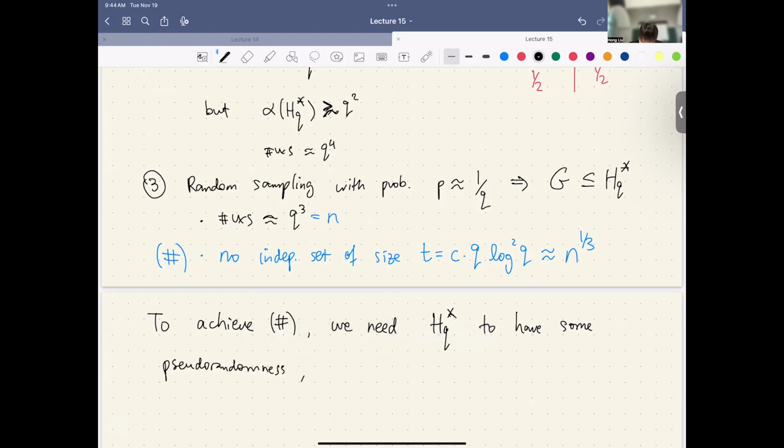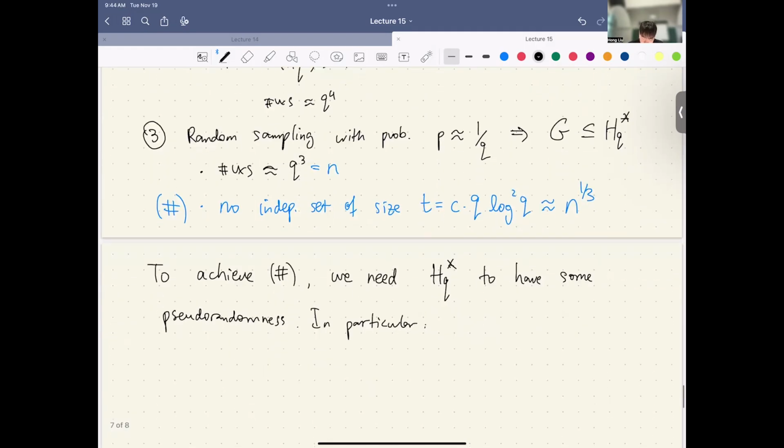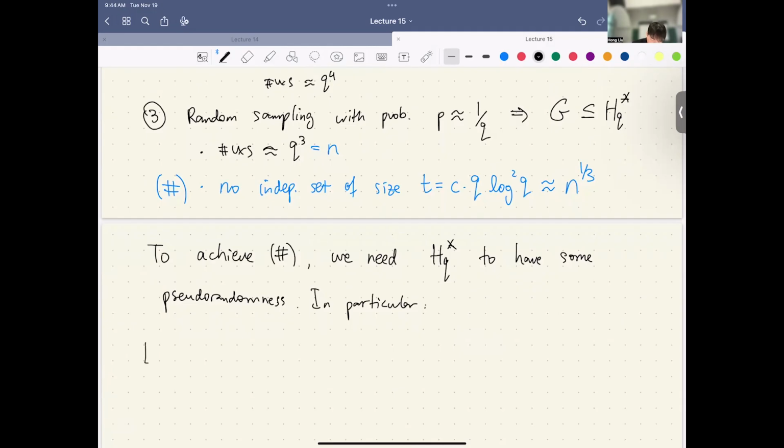In particular, local denseness. This is a lemma.